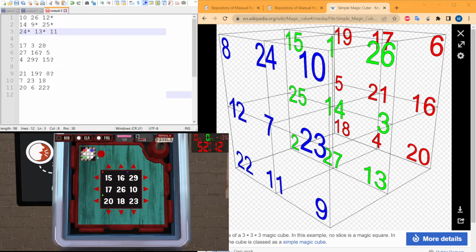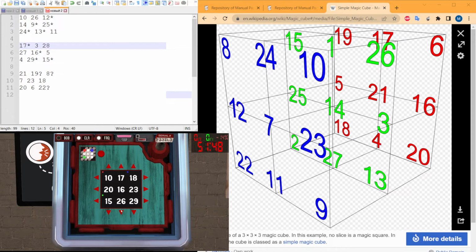Okay, next square. We have 15, 16, 29. Let's move them on the bottom and unmark these question marks. So 20, do we have it? No. 18, no. 23, no. 17, yes.